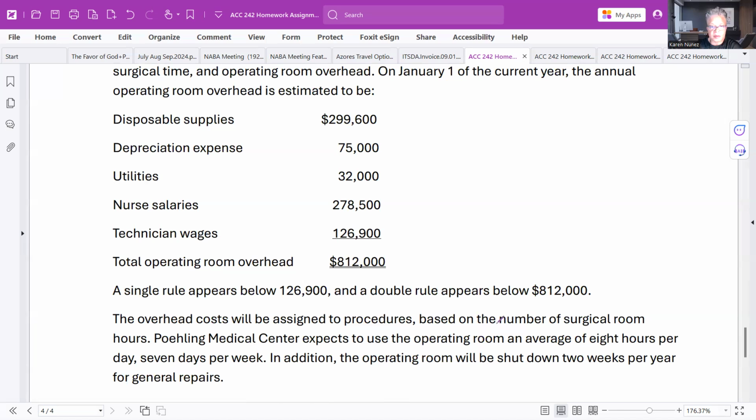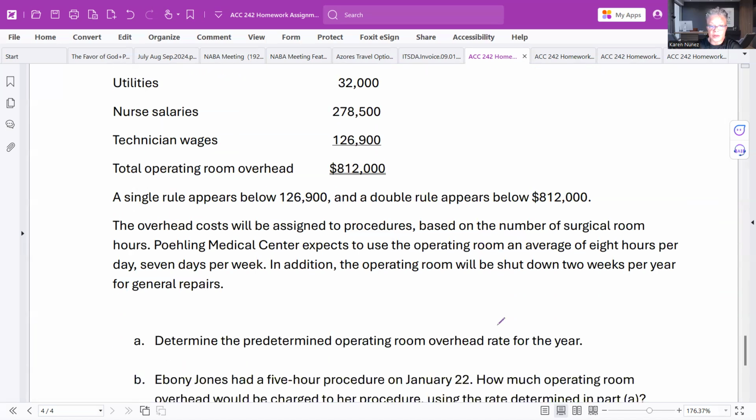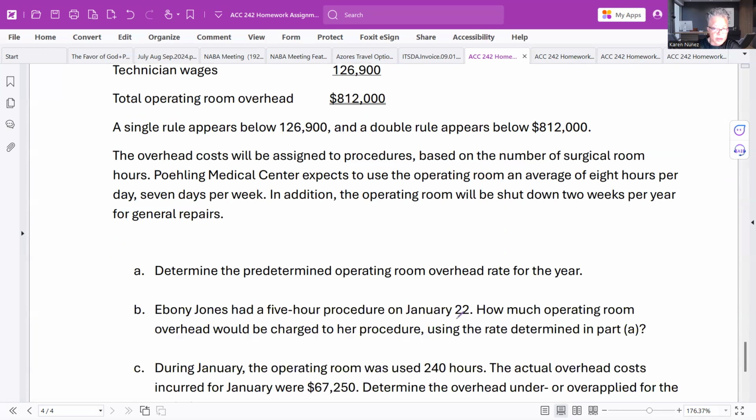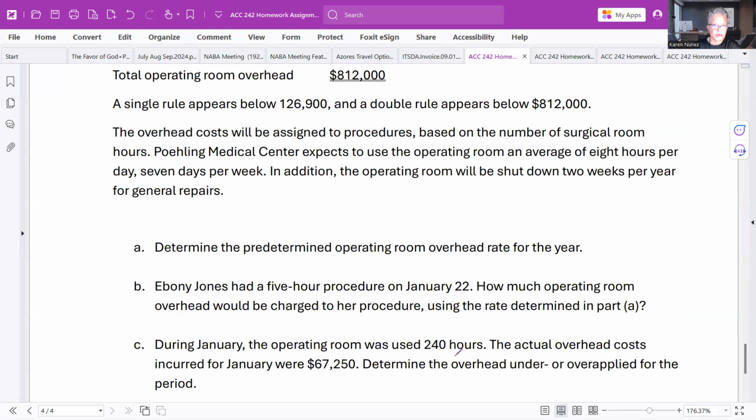What we need to be able to do is determine what the predetermined operating room overhead rate should be, and then apply the overhead to a procedure, and then determine if we're under or over applied for the operating room.